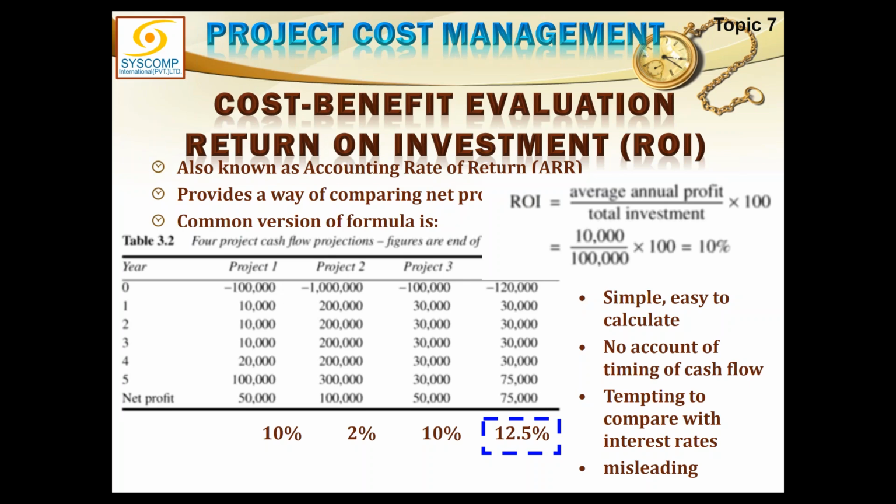Why? Because ROI is taking into effect the total investment you have put into this work. And this is a huge investment. 10 lakh is a huge investment. And as compared to 10 lakh, that 1,000 is hardly 2% of the average annual profit. Got it?